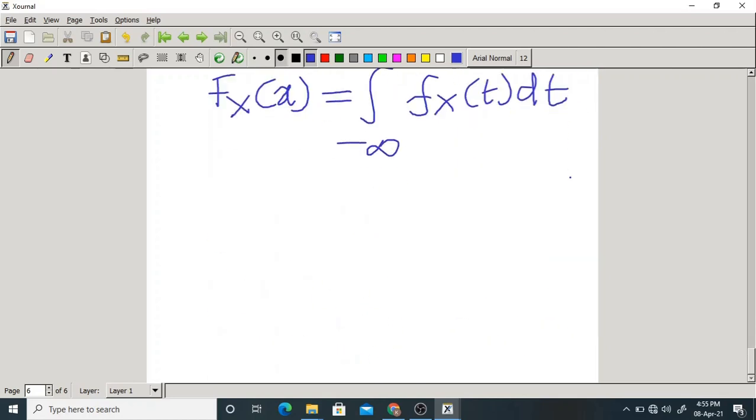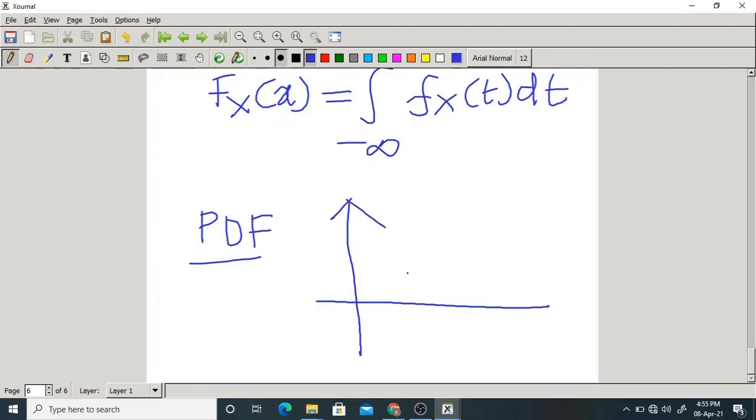So, let me draw that first of all. What is the PDF graph? This is 1, this is 3, correct? This is fx of t, let us take.